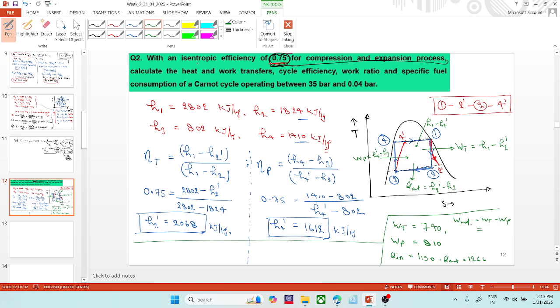WP is H4 dash 1612 minus H3 802. So these values would be around, and these are not correct.